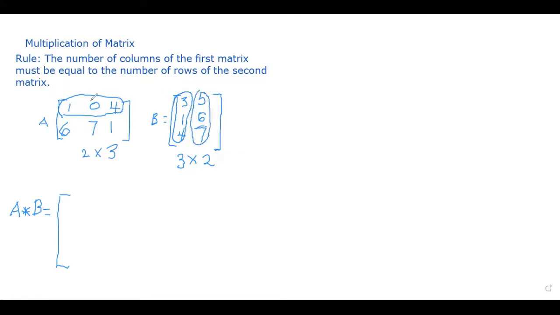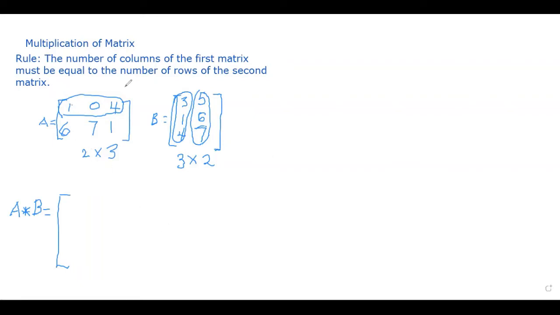You take the horizontal aspect, the row of matrix A, and drop it on the columns of matrix B. So if you're having even 6 columns, you have to drop the row on all 6 columns. So you take a row and drop it on all the columns of the second matrix.